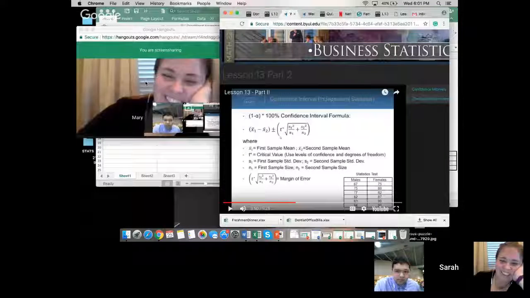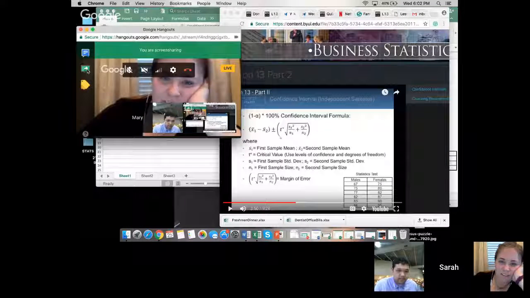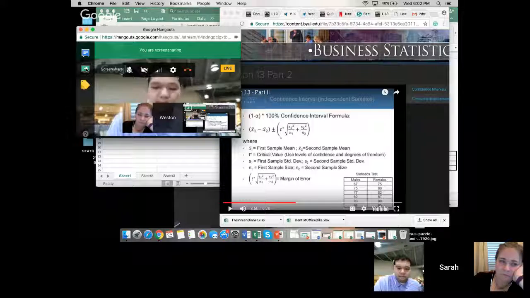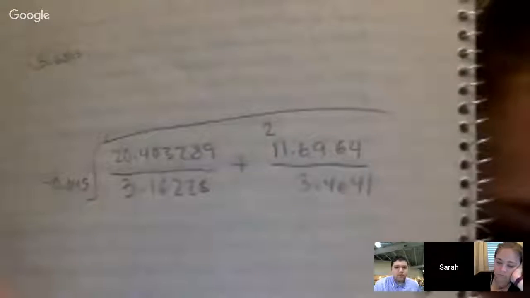Let's just look at this real quick. Am I okay to stop screen sharing? Yes. Okay, so this is what I came up with, and I numbered them 1 and 2.